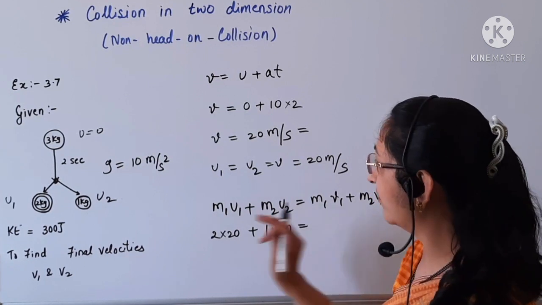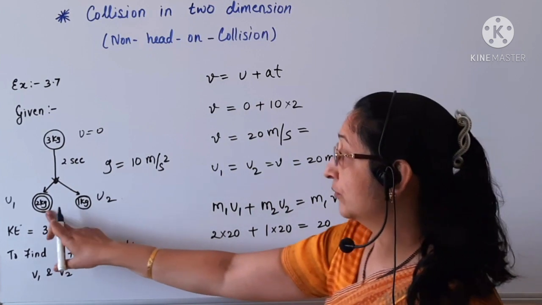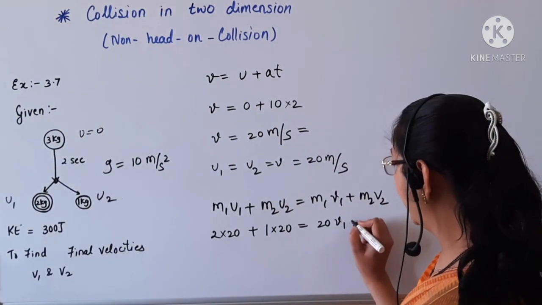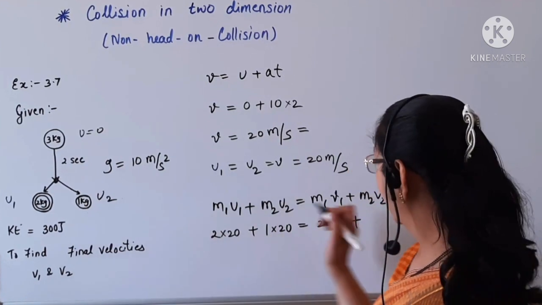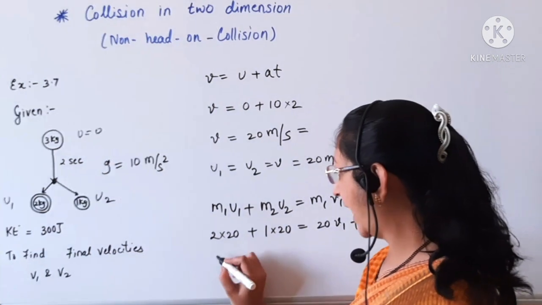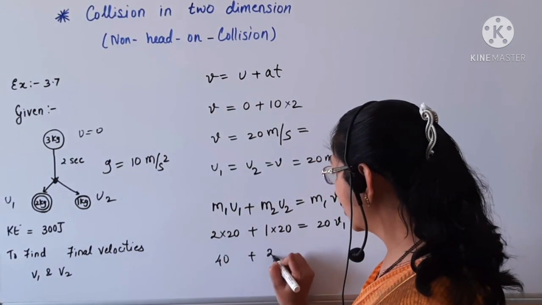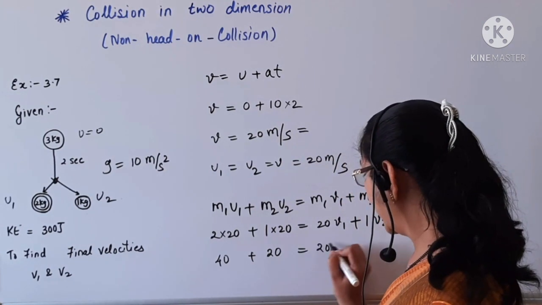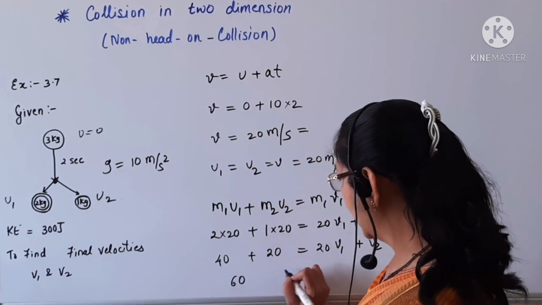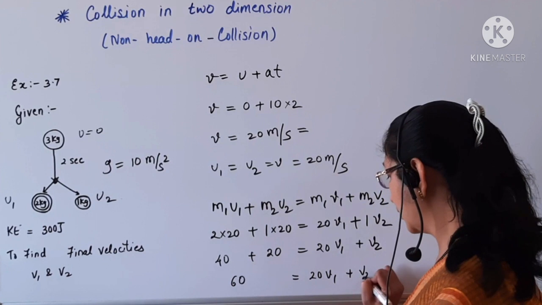This is equal to 2 kg into v1, the final velocities which we have to find, plus 1 kg into v2. So here we have 40 plus 20 is equal to 2 V1 plus V2, so 60 is equal to 2 V1 plus V2.